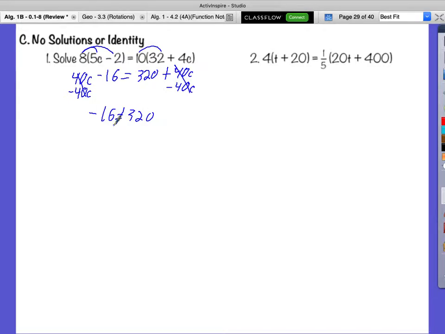Okay. So we only get rid of variables by adding and subtracting. That's the only time we zero out variables. So when we got down to numbers and it was untrue, whenever we get down to an equation that's not true, we say that this is no solution. We say there's no solution, okay?